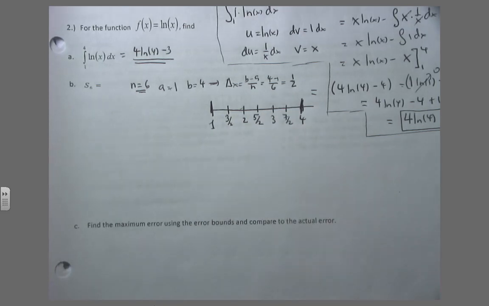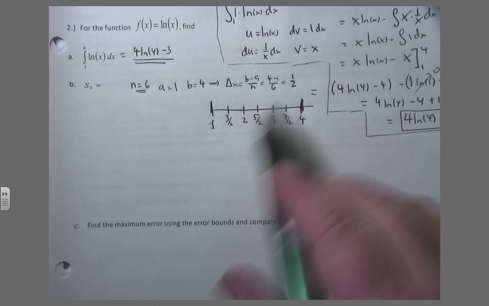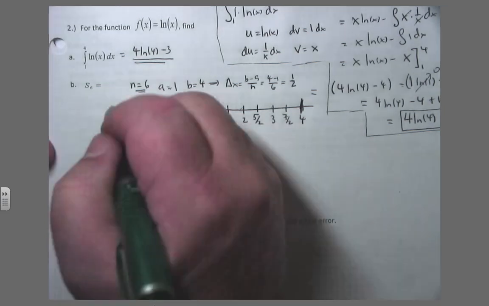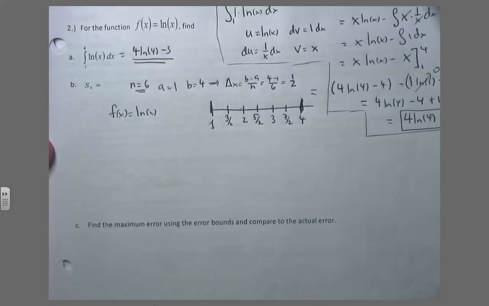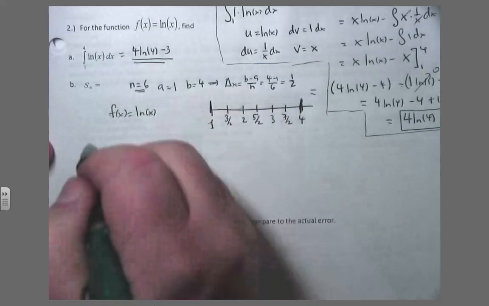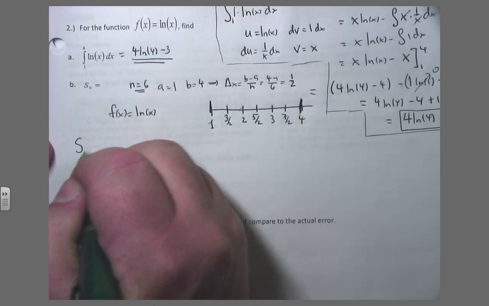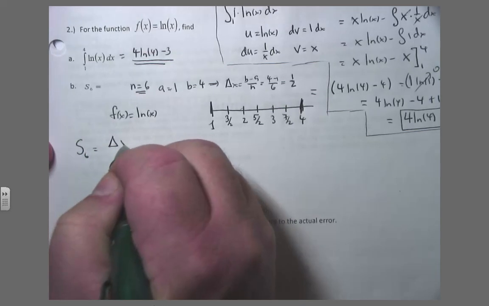Now, this is the work we expect to see on a Simpson's Rule problem. So I've got my data here. My original function that we're trying to integrate is the natural log of x. And so I'm going to write down my formula. For S6, what is the Simpson's Rule formula?